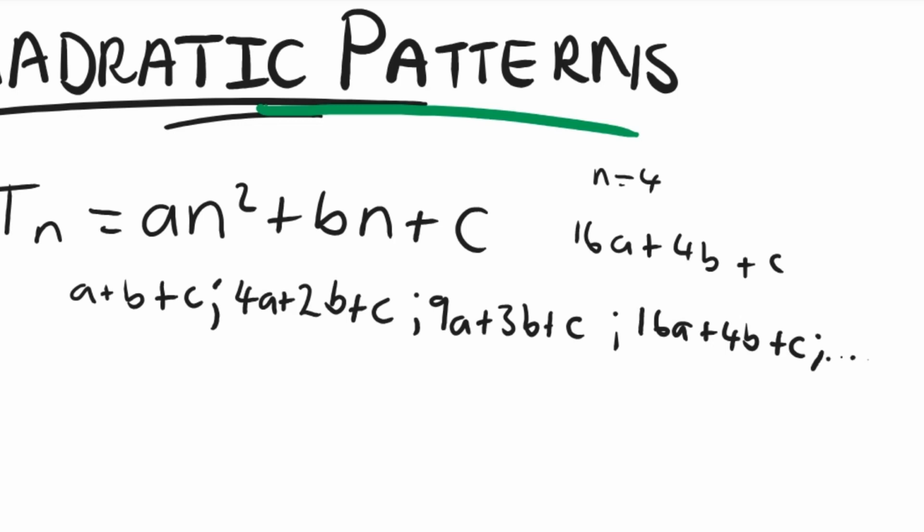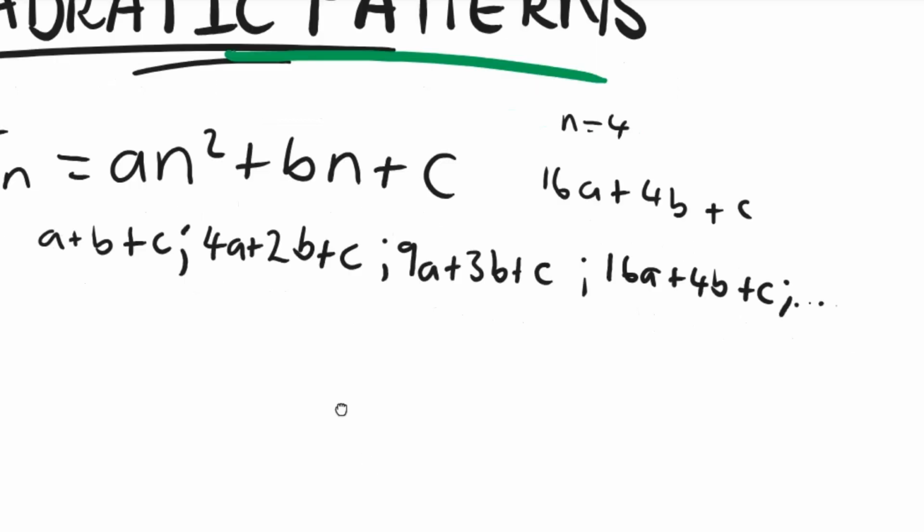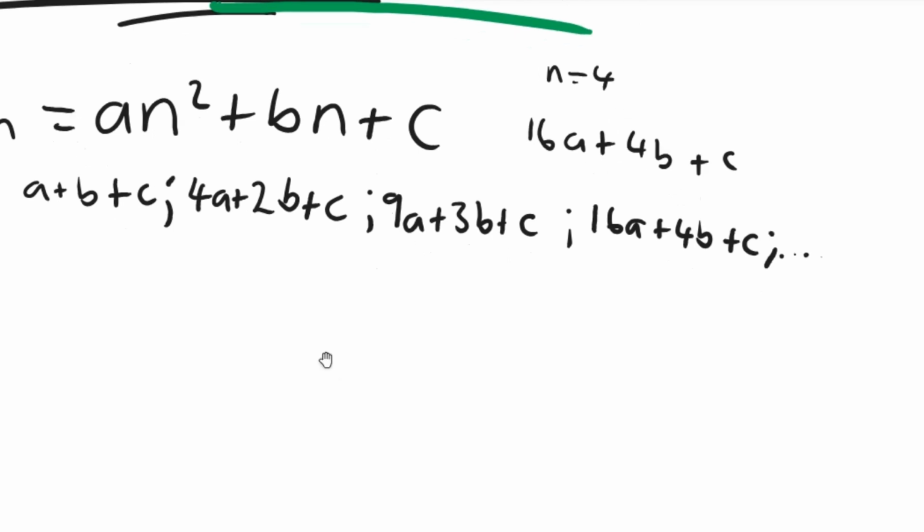Now let's look at our first difference, which is our linear pattern. You'll see it forms a linear pattern when we subtract: second term minus first term, third term minus second term, fourth term minus third term, and so on.